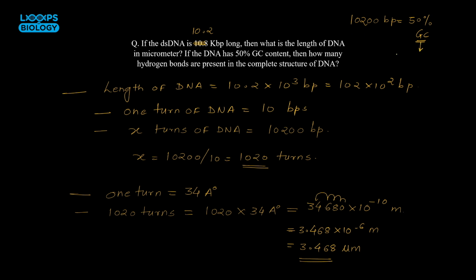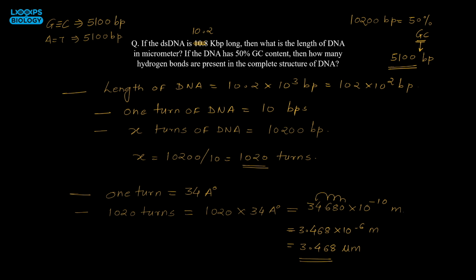So the total base pairs of guanine and cytosine will be 5100 base pairs. And the remaining ones, that is A double bond T, are 5100.